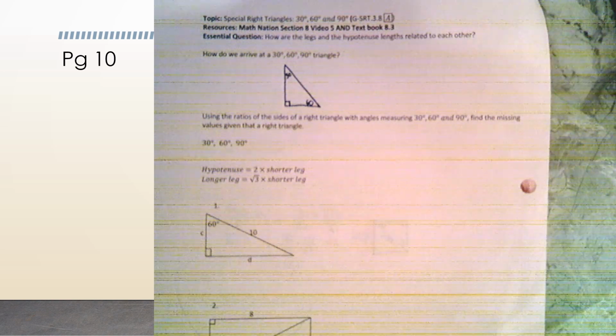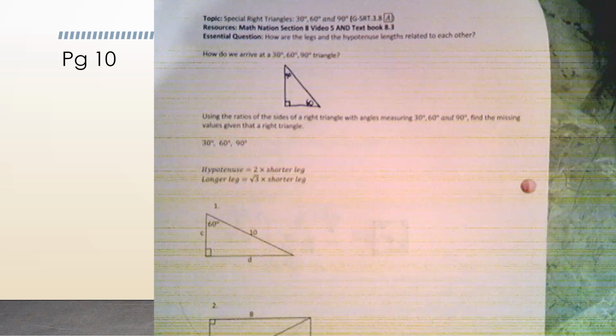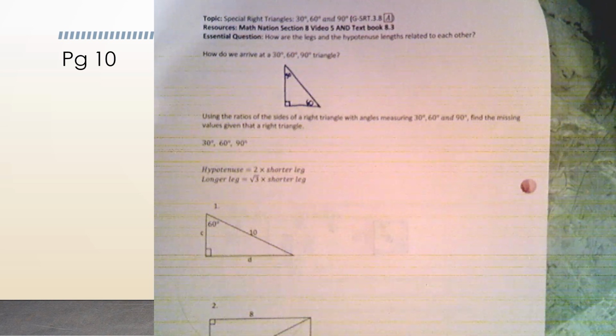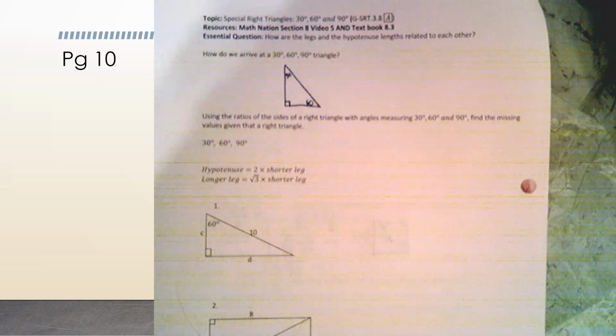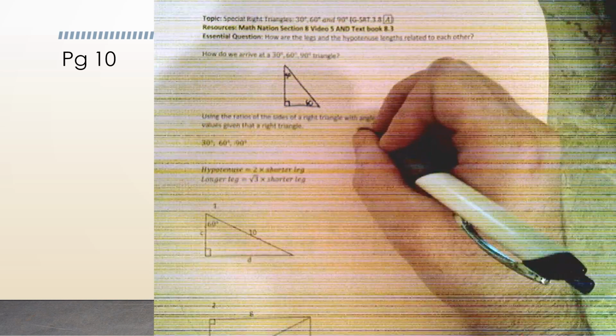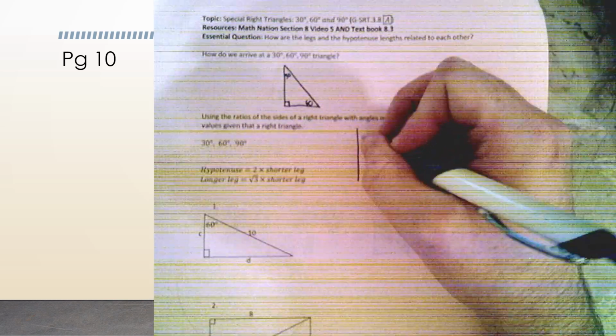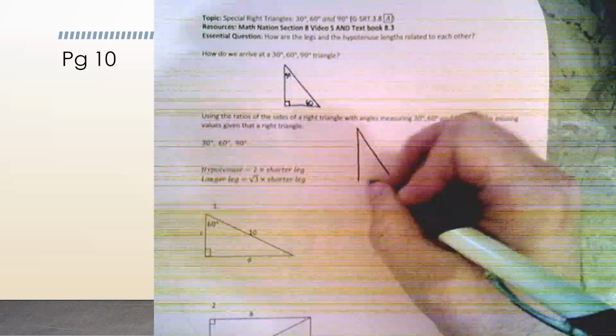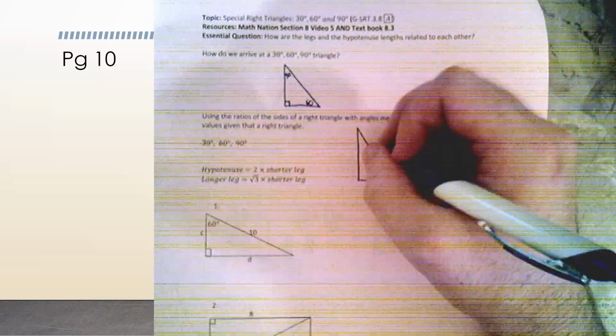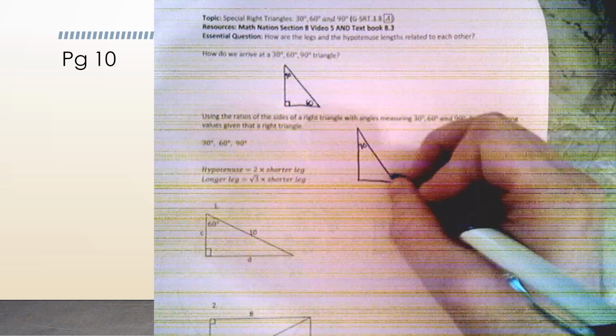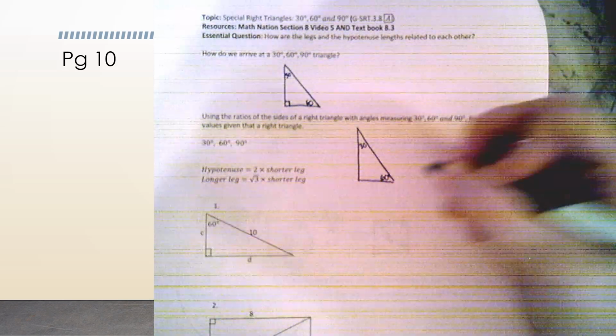Now, underneath it, it says using the ratios of sides of a right triangle with these angle measures, find the missing values given that it's a right triangle. So I'm going to draw one of those types of triangles again, and I'm going to label each of the sides like we've done with the 45, 45, 90.